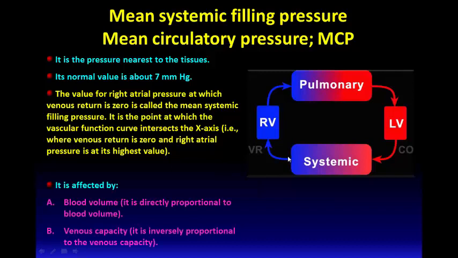The mean systemic filling pressure is affected by two important factors. The blood volume directly affects the mean systemic pressure. So the mean systemic pressure is directly proportional to the blood volume. As blood volume increases, the mean systemic filling pressure also increases. The other factor which affects the mean systemic filling pressure is the venous capacity.